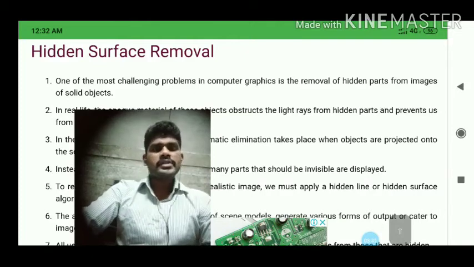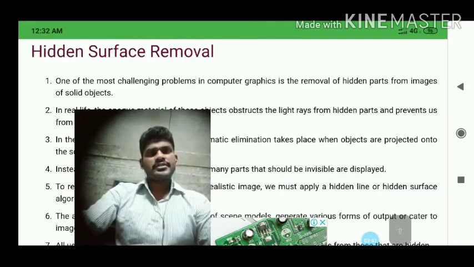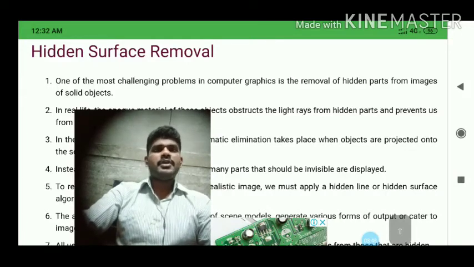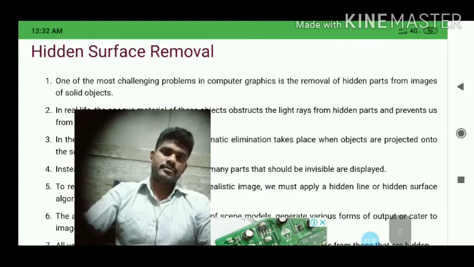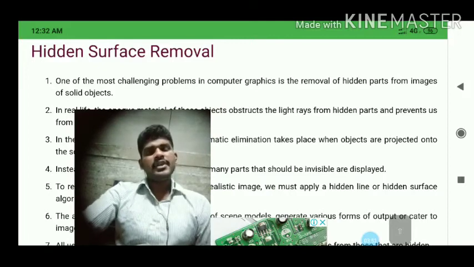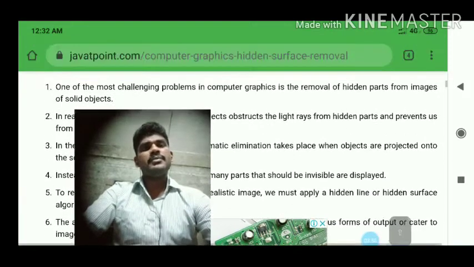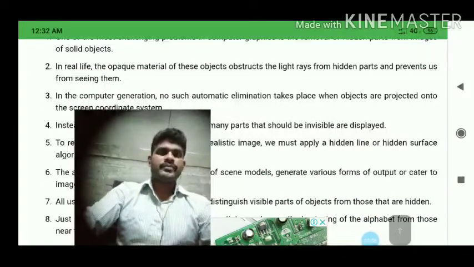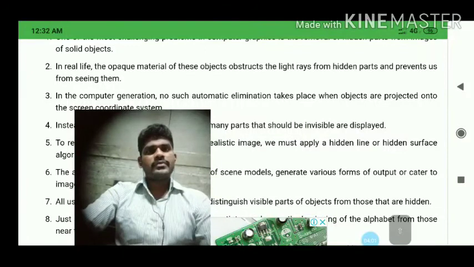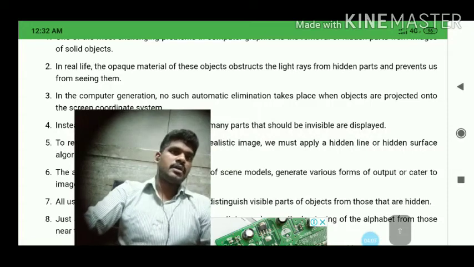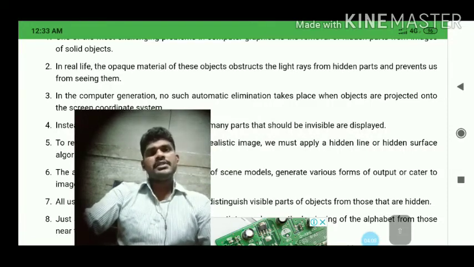One of the most challenging problems in computer graphics is the removal of hidden surfaces from the image of a solid object, the removal of hidden parts of the image of a solid object. In real life, the opaque material of the object obstructs the light rays from hidden parts and prevents us from seeing them.